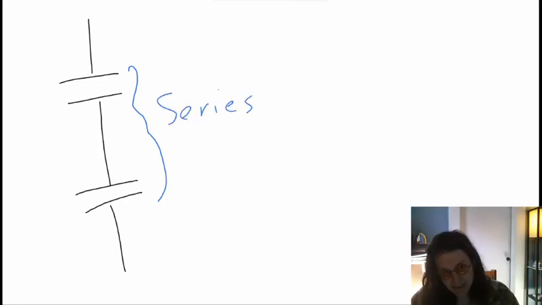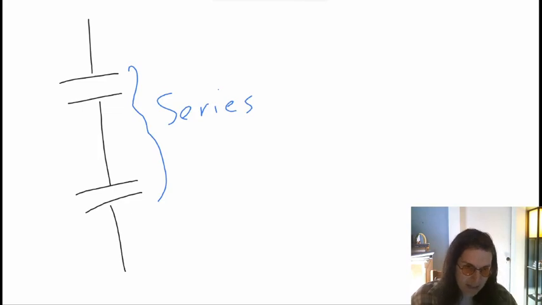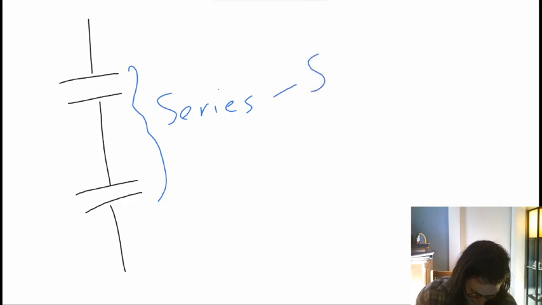And most crucially, this means that when I want to sum them together, since they are in series, their total capacitance is going to be less overall. So your capacitance is a measure of how much charge can be stored. In this case, they're going to have the same charge on each of them. So in series, we're going to have the same charge on each capacitor.